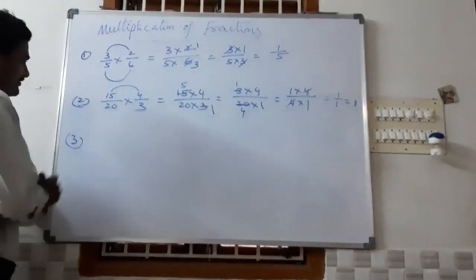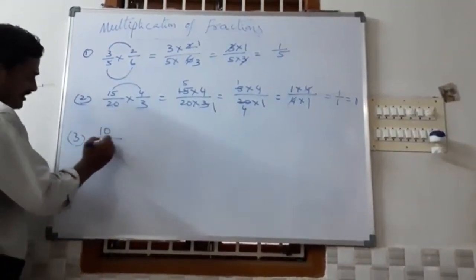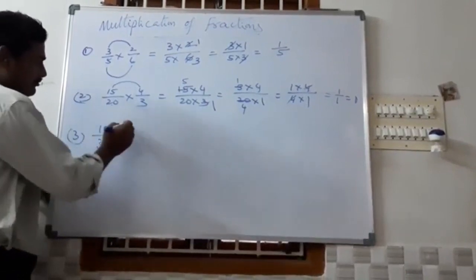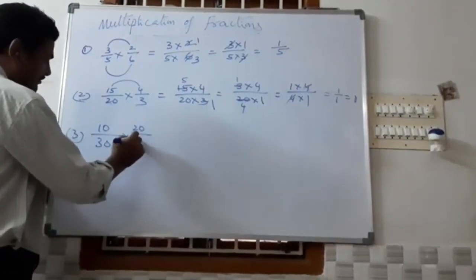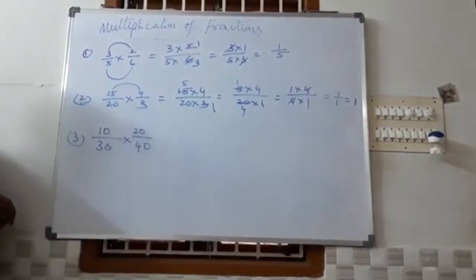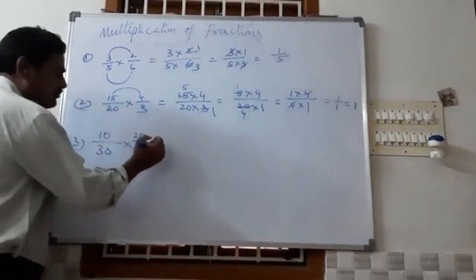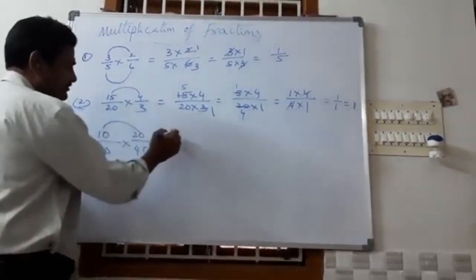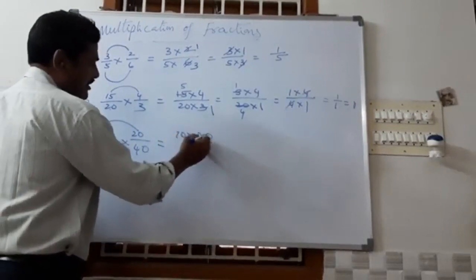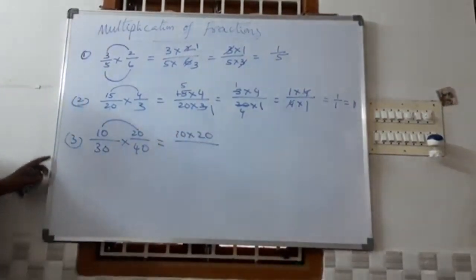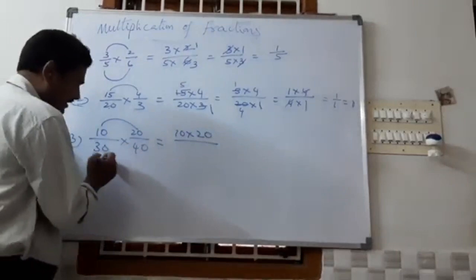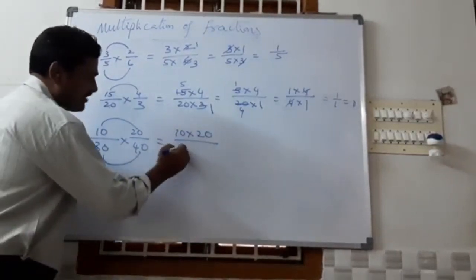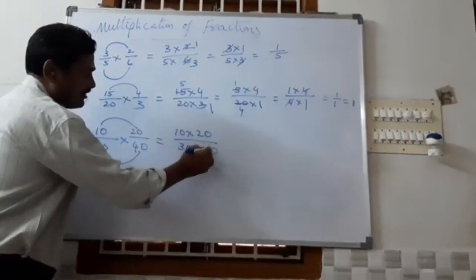If we take another example, 10 by 30 into 20 by 40. The numerators are 10 into 20, and the denominators are 30 into 40.